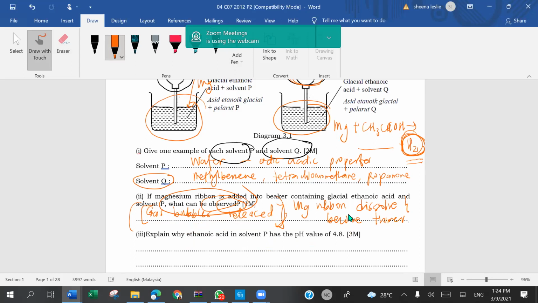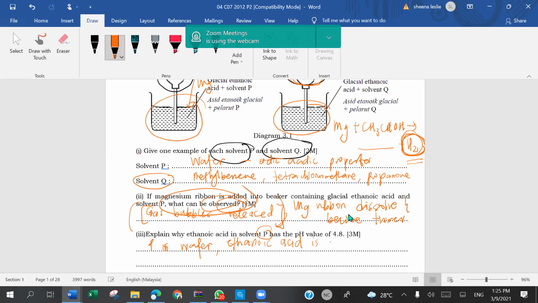Before you go there, you must also mention that solvent P is water, isn't it? Because it is water, therefore ionization can happen. Are you following what teacher is saying? Yes, teacher. Okay, so P is water. Then you mentioned that ethanoic acid, very good, Vin, you get 1 mark. Ethanoic acid does what?